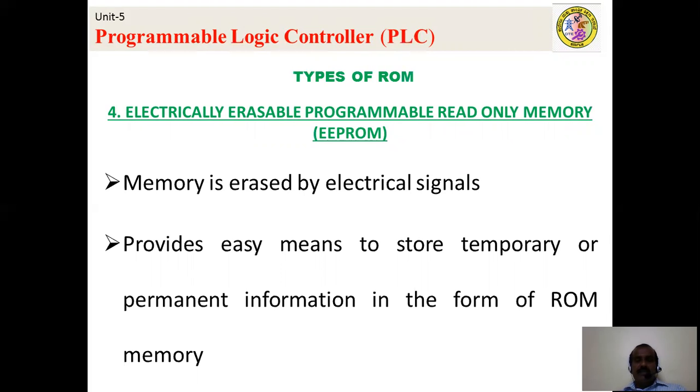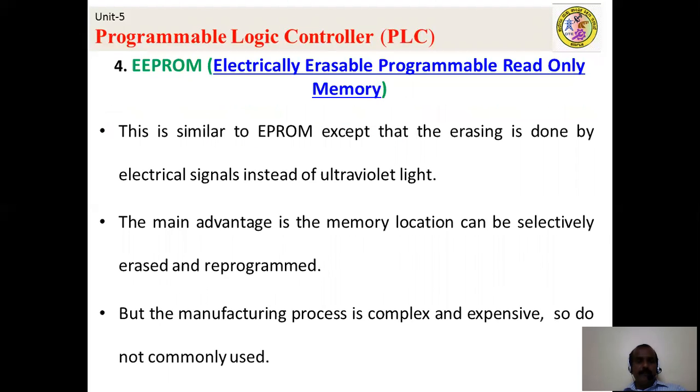It provides an easy means to store temporary or permanent information in the form of read-only memory. Continuing electrically erasable programmable read-only memory, this is similar to EPROM. Here, erasing is done by electrical signal instead of ultraviolet light.